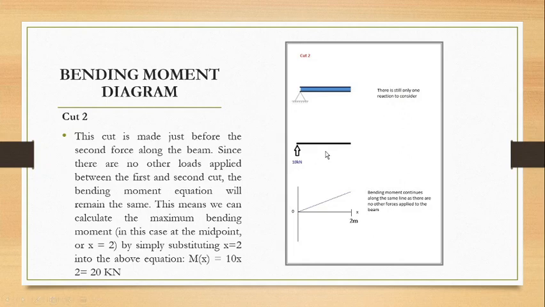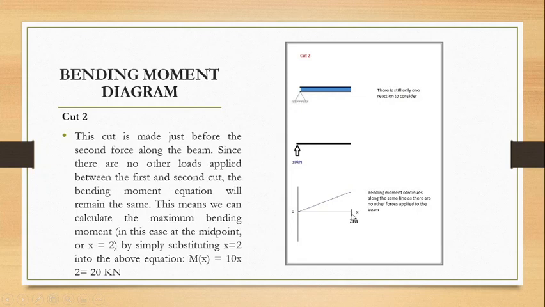Since there are no other loads applied between the first cut and the second cut, the bending moment equation will remain the same. This means that we can calculate the maximum bending moment at the midpoint, which is 2 meters, because initially at the start of the numerical we assumed that the beam is 4 meters long, therefore the midpoint is going to be 2 meters.